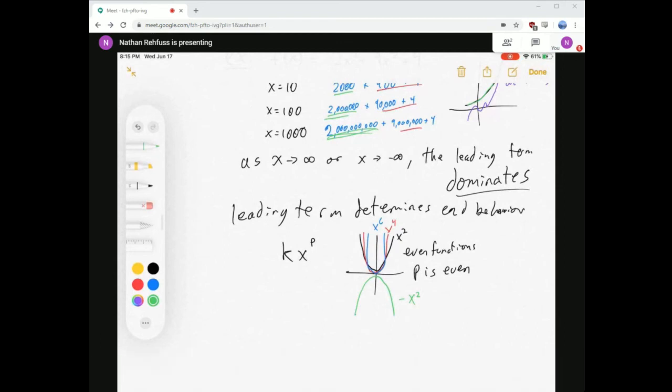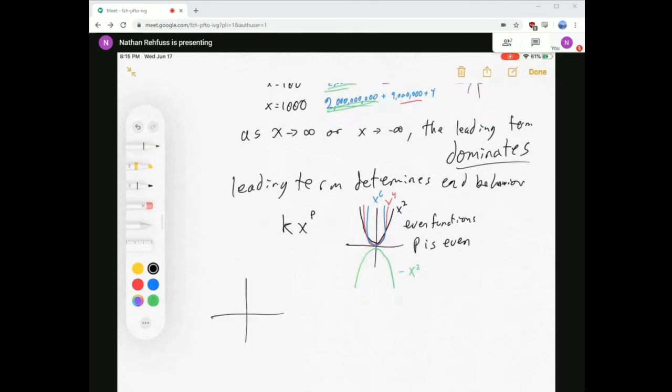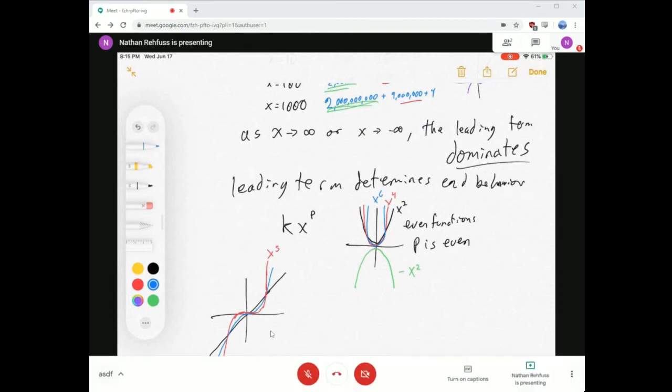Meanwhile, the same thing happens, but with the odd functions. Here's x, and here's x cubed, and here's x to the 5th. All of these have rotational symmetry, which means one end and the other end have to go opposite directions.